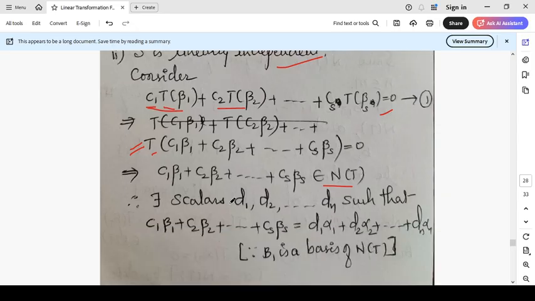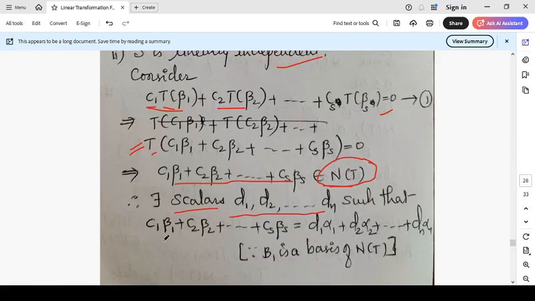Okay. So therefore, these elements belong to N of T. Therefore, there exist scalars d1, d2 up to dn such that I can equate this term with the linear combination of scalars with the elements of the basis.